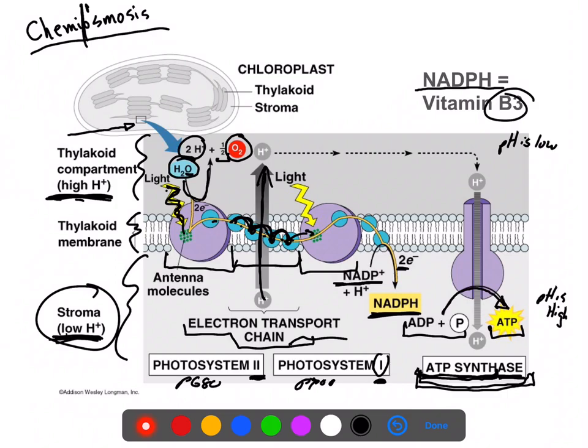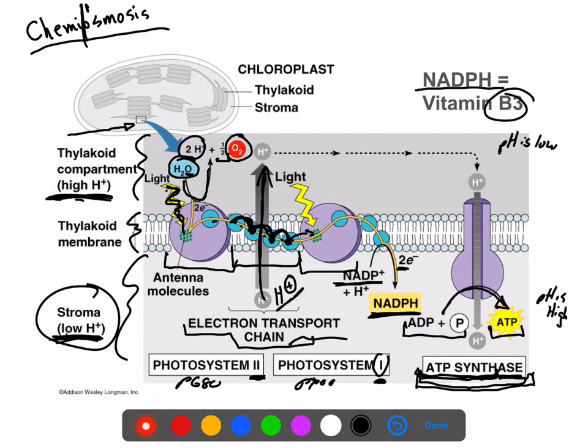Once you acquire an electron, you get a negative charge and it makes you very reactive. The way to prevent you from being reactive, if you pick up an electron which has a negative charge, is to pick up something with a positive charge to neutralize the electron. So as the electrons are moving from one electron transporter to the next, every one of them that picks up an electron will also pick up a hydrogen because it has what?